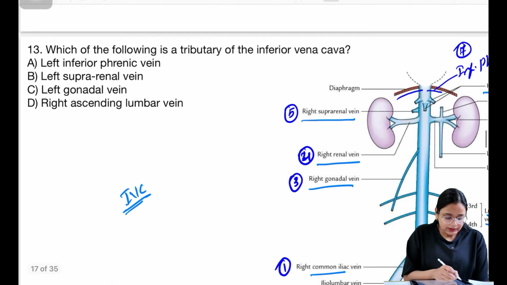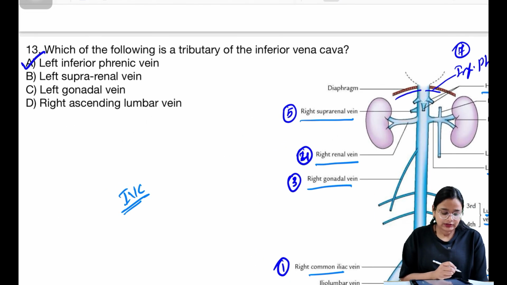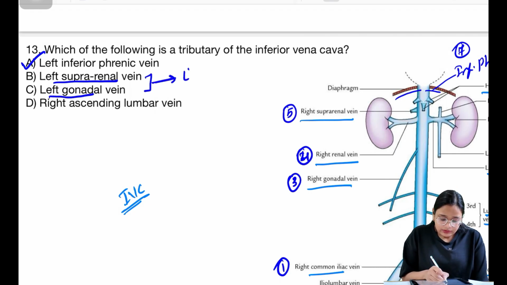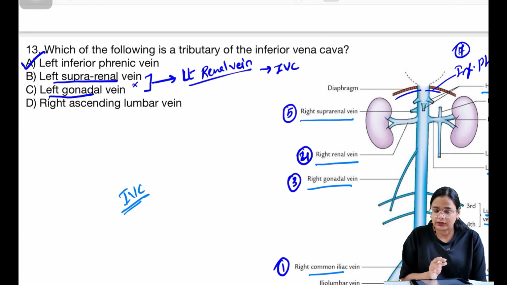So here the correct answer will be left inferior phrenic vein. Why not right suprarenal vein? Why not left gonadal vein? Because these two are draining directly into left renal vein, and then left renal vein is draining into IVC. So they are not the direct tributaries of IVC.